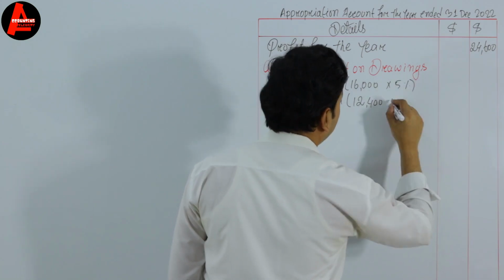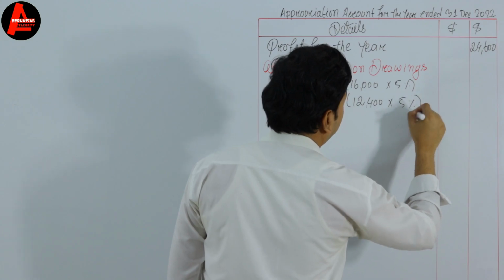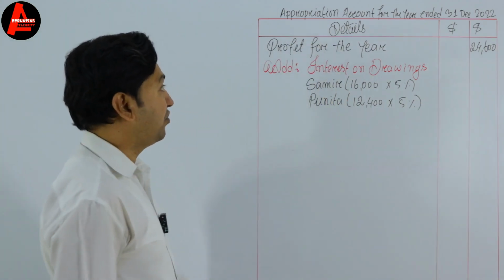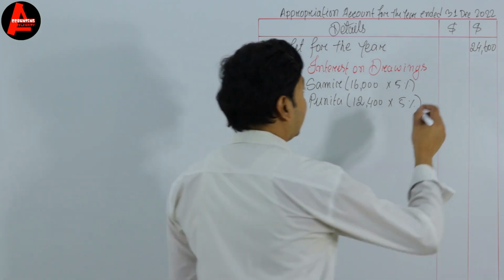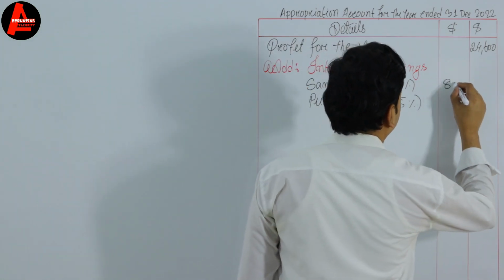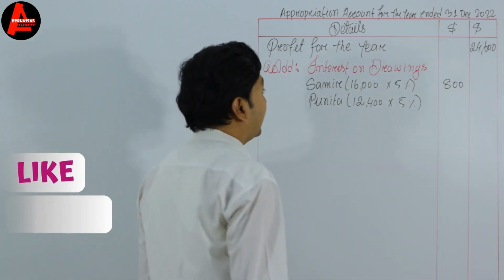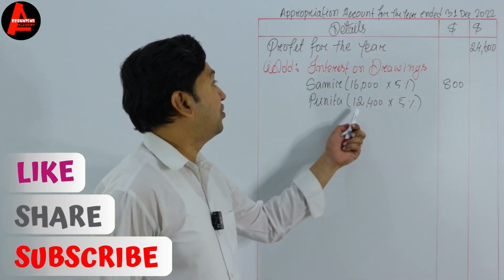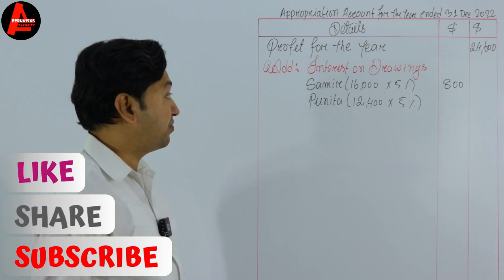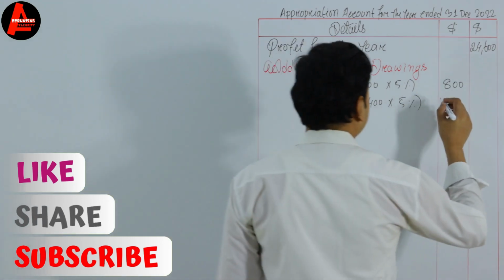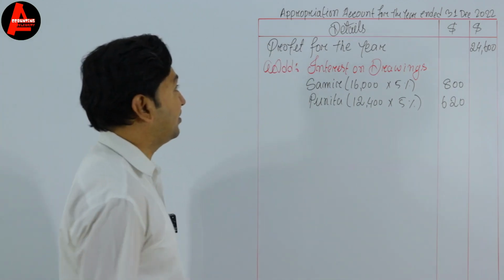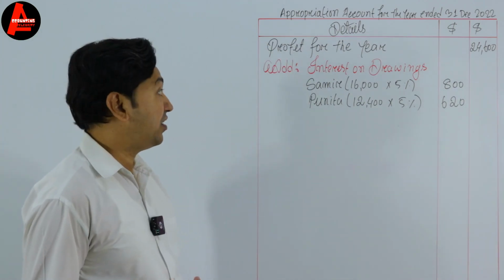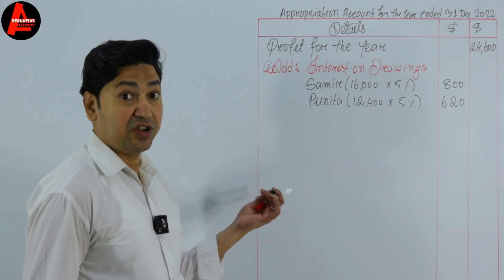Okay, so we will multiply by 5%. Now if we calculate 5% on $16,000, we get here $800 for Samir, and for Punita $12,400 times 5%, we get here $620. Okay, so this is the only income here for this business, interest on drawings.